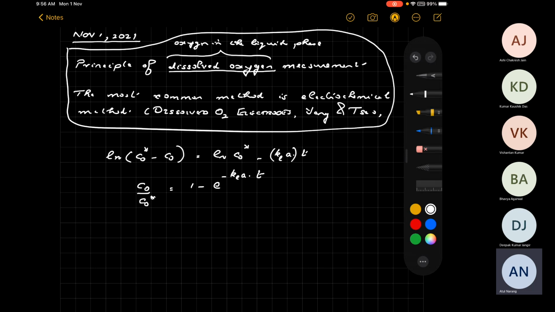So as T goes to infinity, C goes to CO star. And maybe another way to think about it is if you write this term as T divided by KLA inverse, you can see that KLA inverse is basically the time constant. The bigger the value of KLA inverse, the more time it will take to reach CO star. Is the notion of a time constant known to you?